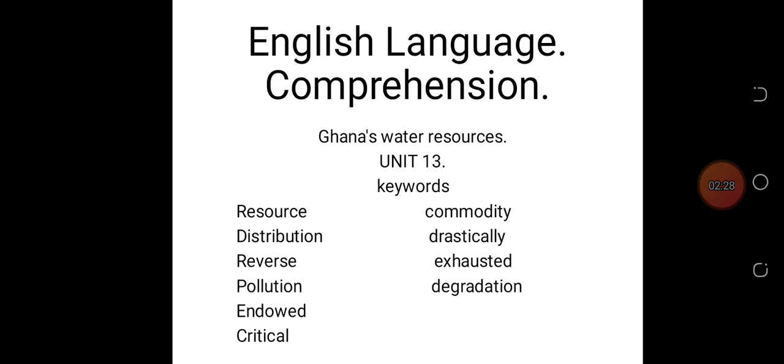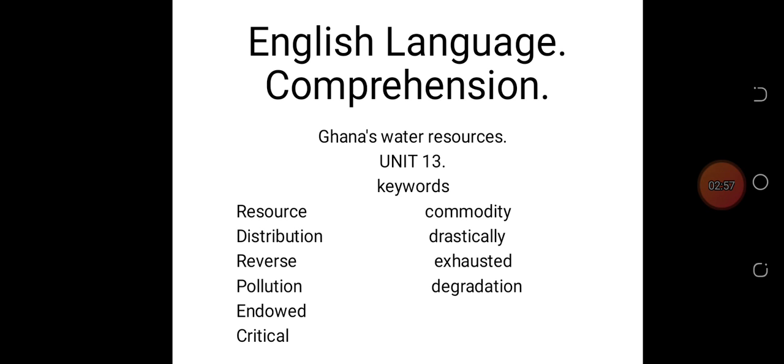We will go over the keywords again, and I want us to pay attention to the pronunciation of these words so that reading the passage will be very easy. Resource. Distribution. Reverse.